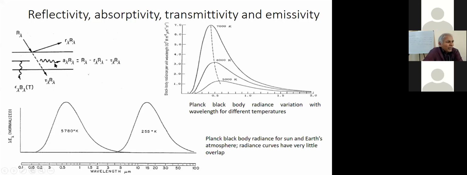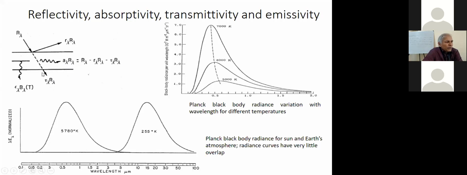So obviously that part which is reflected plus that part which is transmitted plus that part which is absorbed together will make up the total incident radiation. So that is what this tells you. If I want to know what is that part which is absorbed, I should have knowledge of the incident radiation minus that part of the radiation that's reflected minus that part of the radiation that is transmitted. So if I know two of the three, either reflection or transmission, I will know absorption.